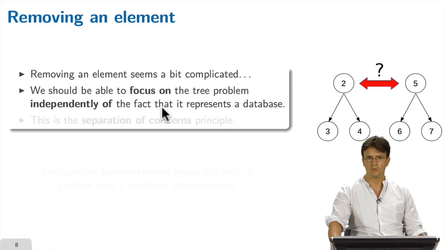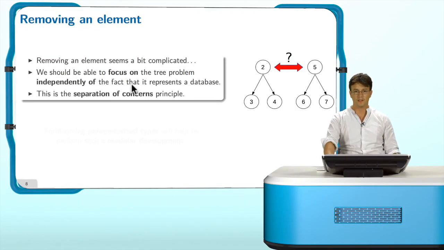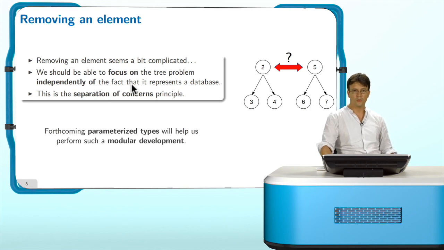We should be able to focus on this problem, which is a problem about trees, independently of the fact that it represents a database. And we will do so by applying a separation of concerns principle. In order to implement this principle, we will have to use parameterized types that allow us to perform a modular development, and they will be presented in a future sequence.